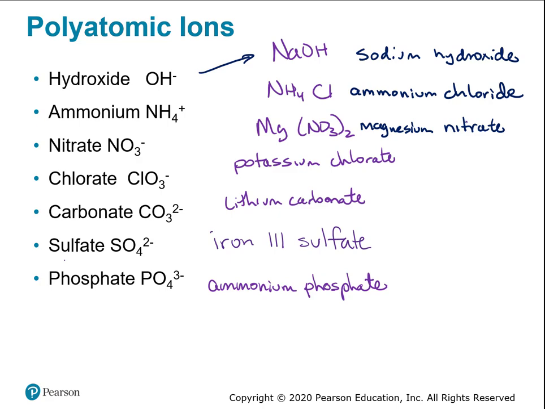So notice in this, with magnesium nitrate, magnesium's a +2, the nitrate is a -1. So notice when you do that swapping, there would be only one magnesium but 2 nitrate ions. That is why you put the parentheses around the polyatomic. You don't ever have to put parentheses around a single element, but you do need to use them if a polyatomic is found with a number greater than 1.